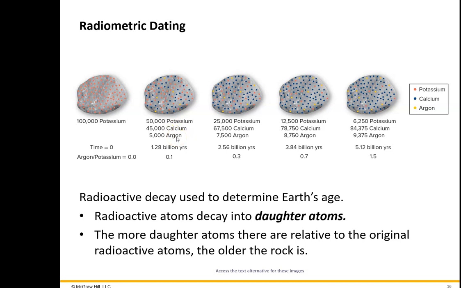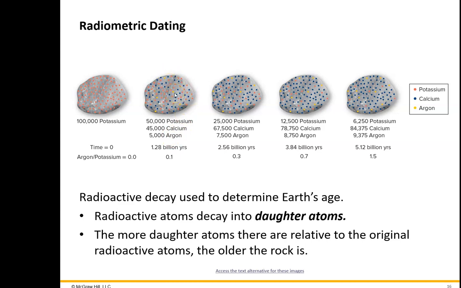Now let me explain something that's a really good point. Argon on Earth, under relatively normal conditions, is a gas, and so you don't normally find argon gas inside of rocks.